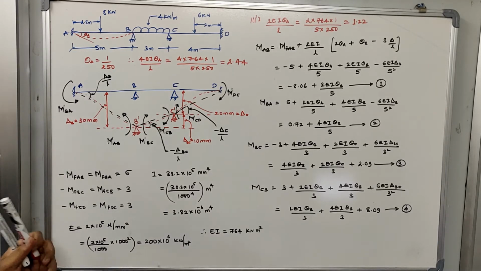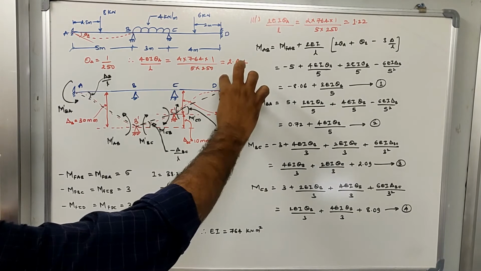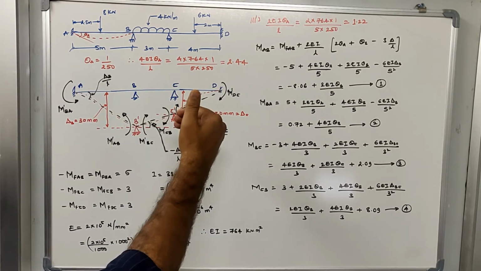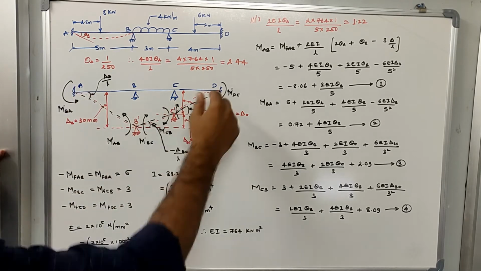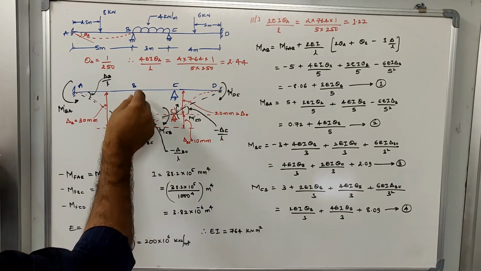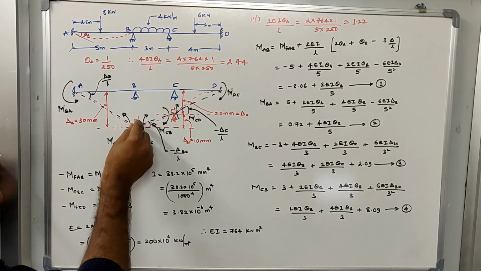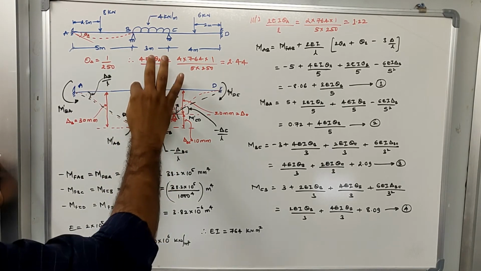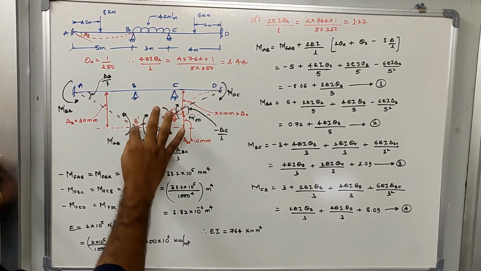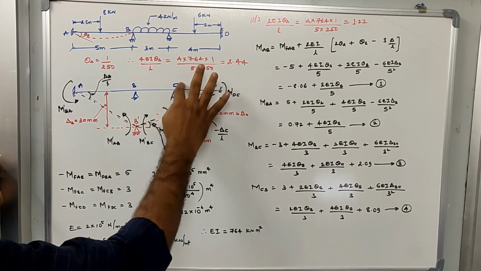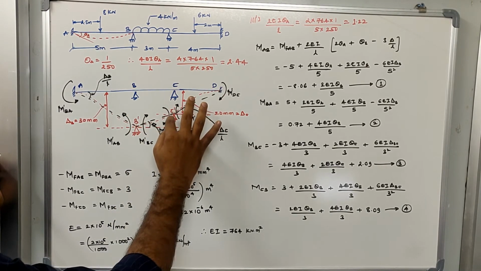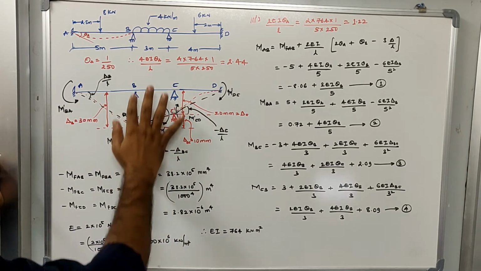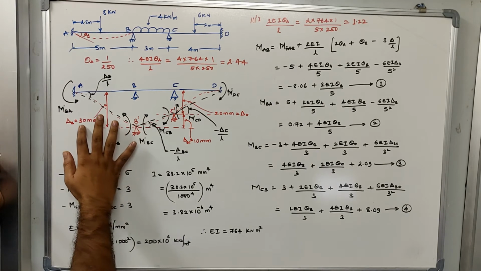First, this is our original beam. Let us consider this is the beam before settlement, and this is the beam after the settlement. Now B shifts by delta B. I just exaggerated the vertical scale. B is changed to a new position called B dash, and C has changed to a new position called C dash. B has settled or sunk to a depth of 30 mm.